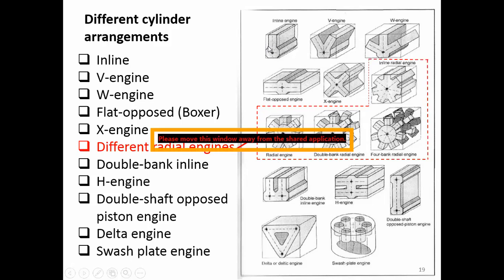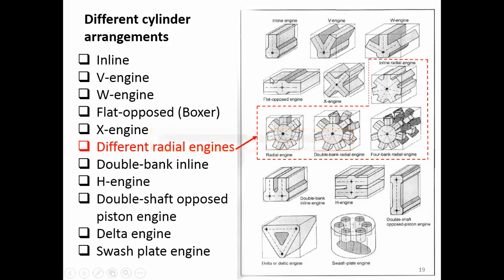That means you put the cylinders in line. You have a V engine. You may have the W engine right here. You can have a flat opposed or boxer engine, which means cylinders on opposite sides of one another.